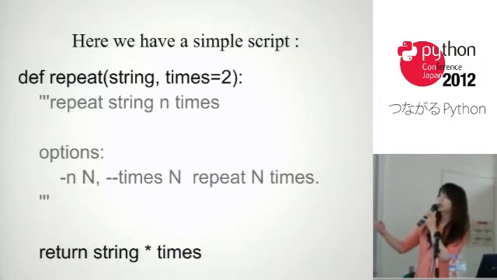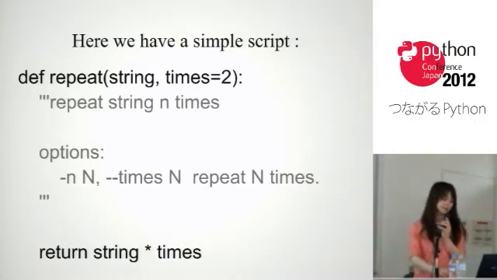The docstring contains a human readable string and the setting of the option, and then explains the option. Actually, string is an argument, and times has a default value too. The return value of this function is just the string multiplied by times.